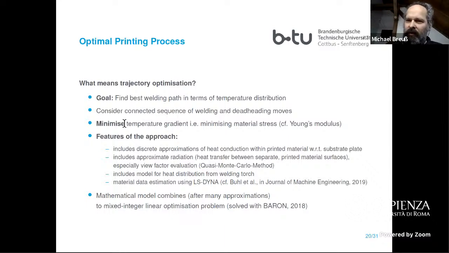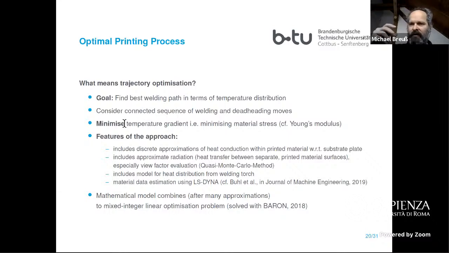What you want, as I already indicated, is to find the best welding path in terms of the temperature distribution. Now, what does this mean exactly? When you want to optimize, you have to put an optimization objective into the objective function, of course. So you consider this connected sequence of welding and some dead-heading moves that should be as small as possible.